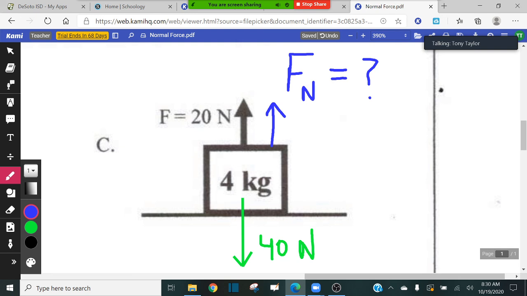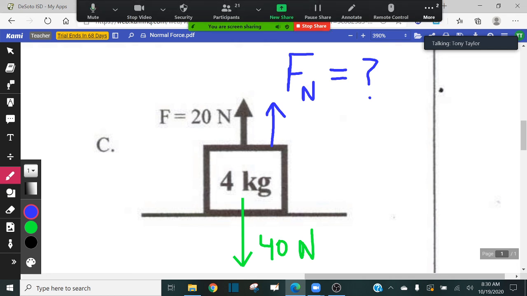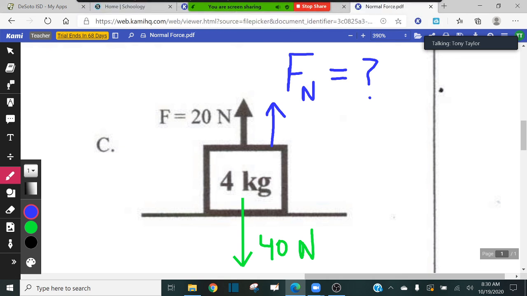Notice, someone's pulling up on the block. So that means this force plus this force has to equal this force, right? Because your up arrows have to equal your down arrow. You're right, it's 20. You guys got it.